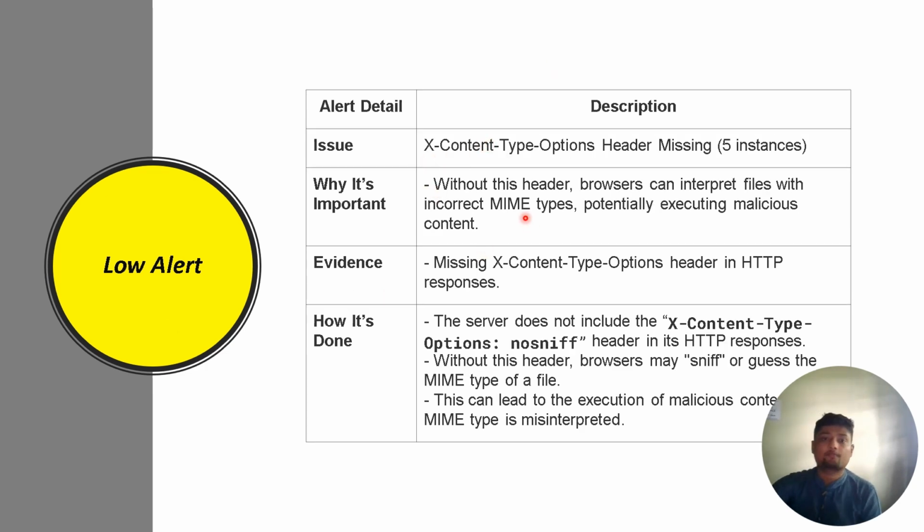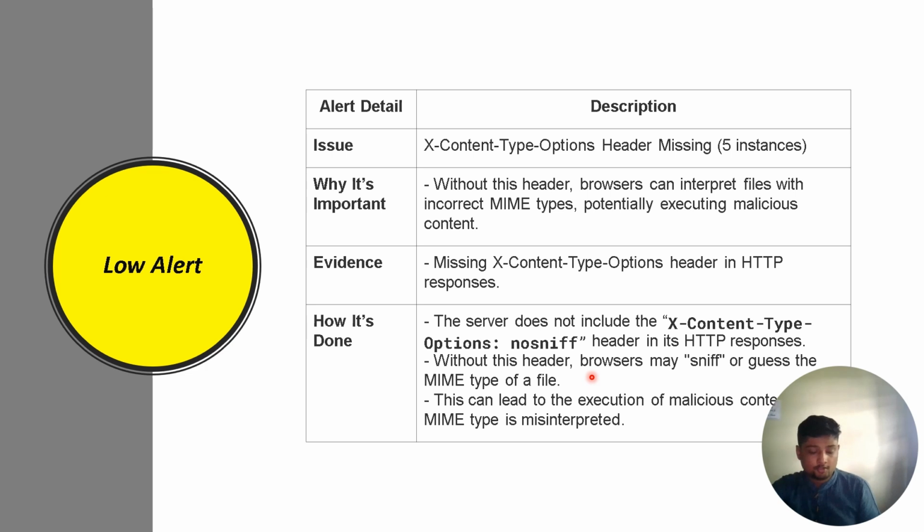ZAP has also found another low-level alert for our system, which is the X-Content-Type-Options header missing. In our HTTP response headers from our server, the X-Content-Type-Options configuration, nosniff, is not set. Without this header, the browser may sniff, or gauge, the data type of the file.